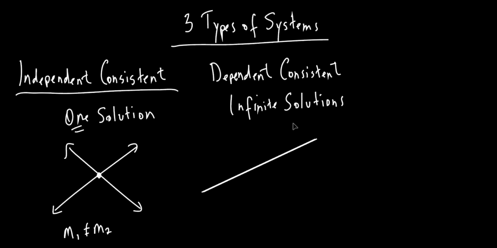But when you have this situation right here, that's called dependent consistent. It's kind of weird. I don't understand why they use these crazy words, but that's what they do. All right? And so that means you have an infinite number of solutions, which means the equations are exactly the same. They may look a little different because you got to divide by something, right?